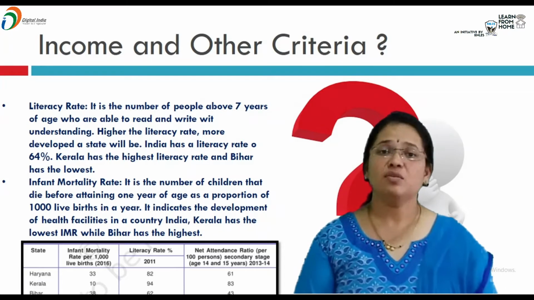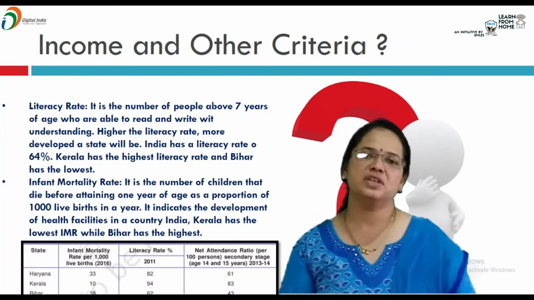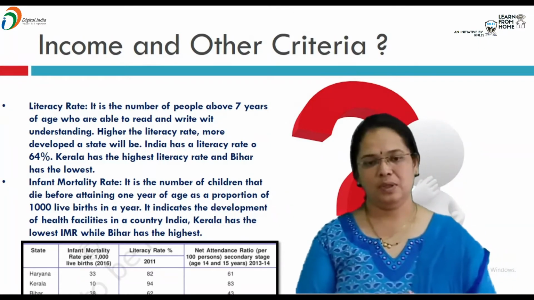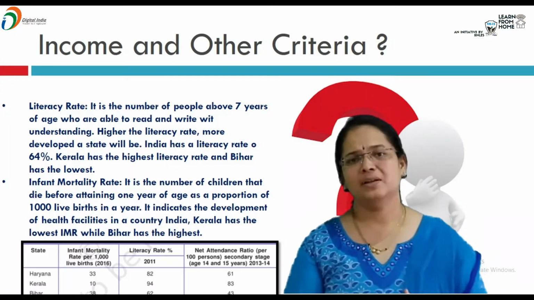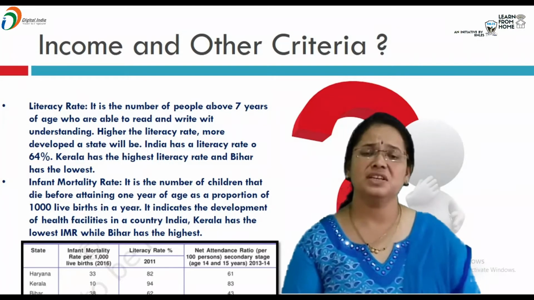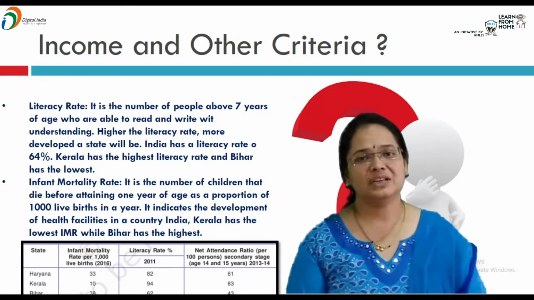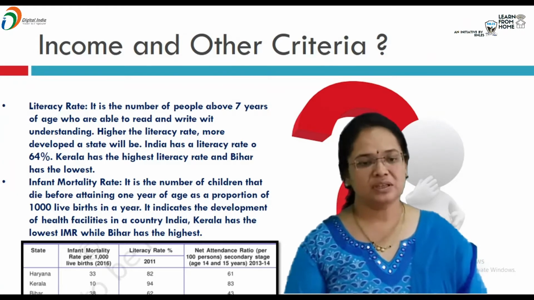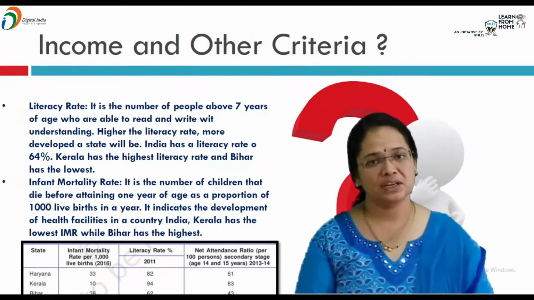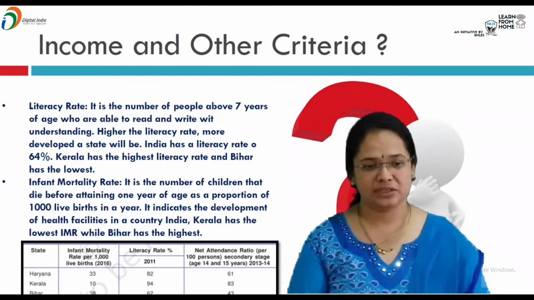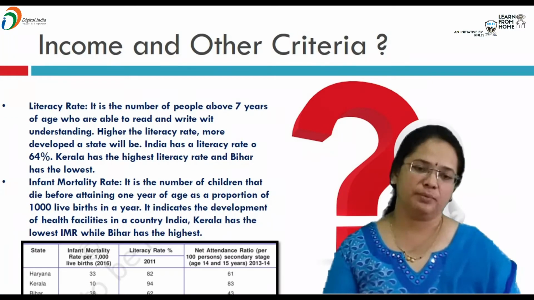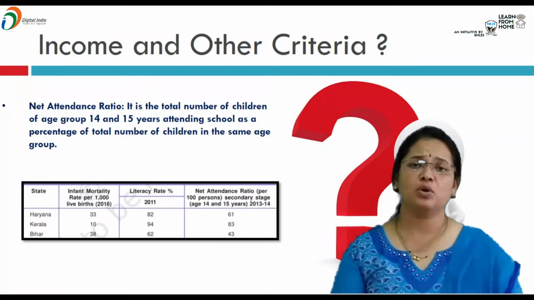The next term is the infant mortality rate. Infant mortality rate means the number of children who die before completing 1 year of life, and that proportion is compared among 1000 live births, and it indicates whether the development of health facilities in a country like India or another country is better or not. In the case of the infant mortality rate, Kerala has the lowest among these three states, Haryana is number 2 and Bihar is number 3, meaning Bihar has the highest infant mortality rate.